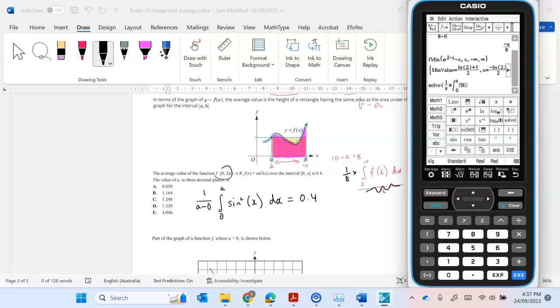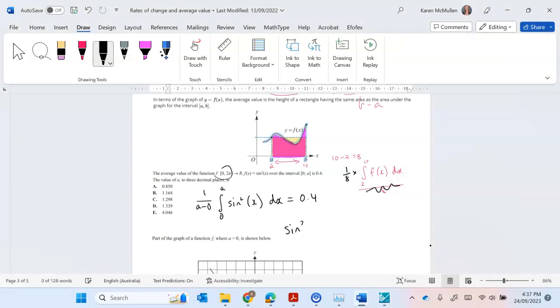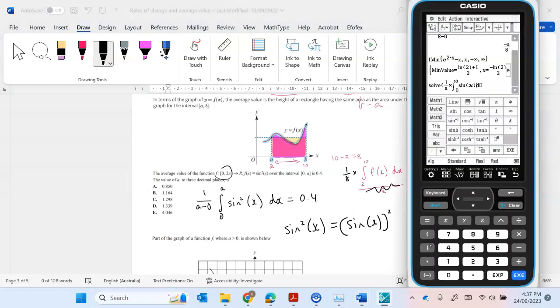All right, so sine squared x on your calculator, guys. So if you can remember, I'm pretty sure we would have done this in class. So sine squared x is just sine x all squared. So on your calculator, just do sine squared, and I'm going to put brackets because I'm just a huge fan of brackets.